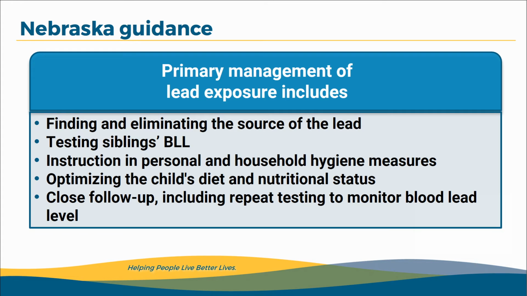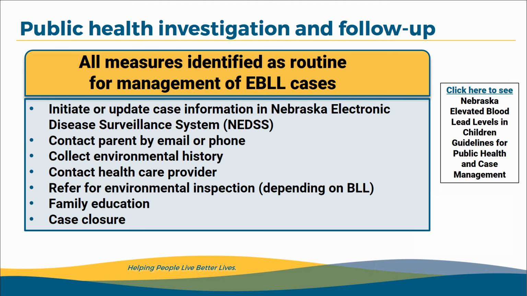Basic management activities include identifying and eliminating exposures, assuring that siblings are tested, educating the family, improving the child's nutrition, and regular monitoring of blood lead levels. The specifics of testing requirements will be reviewed in a later module. The activities addressed in this slide are considered secondary prevention.